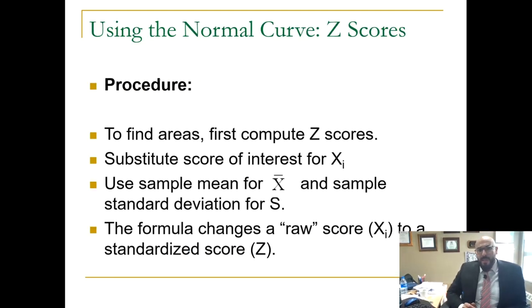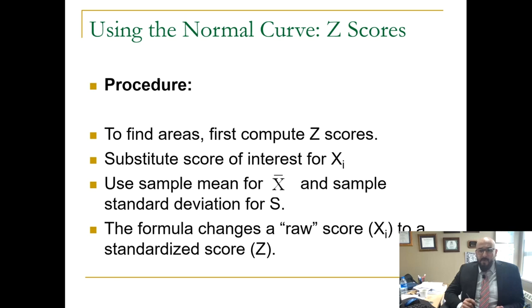Now, how could we use the normal curve and the z-score? Here are some quick steps that I've listed to help you understand how you could calculate the z-score and the area under the curve. The procedure is like this. To find the area, first compute the z-score. Substitute the score of interest for xi.